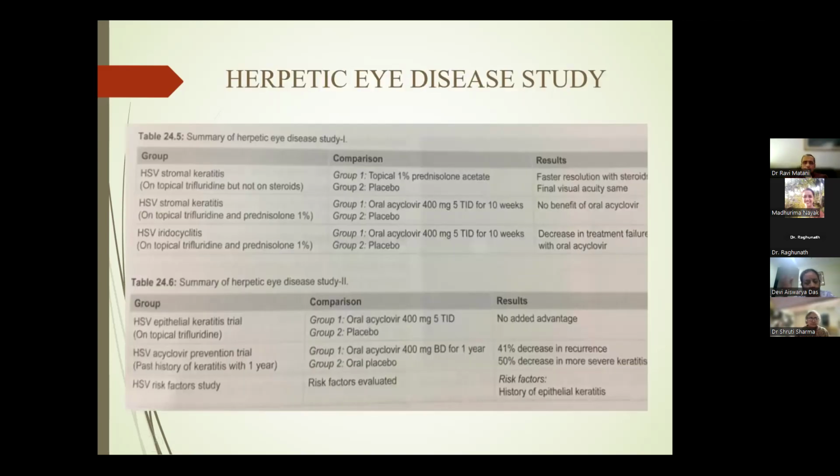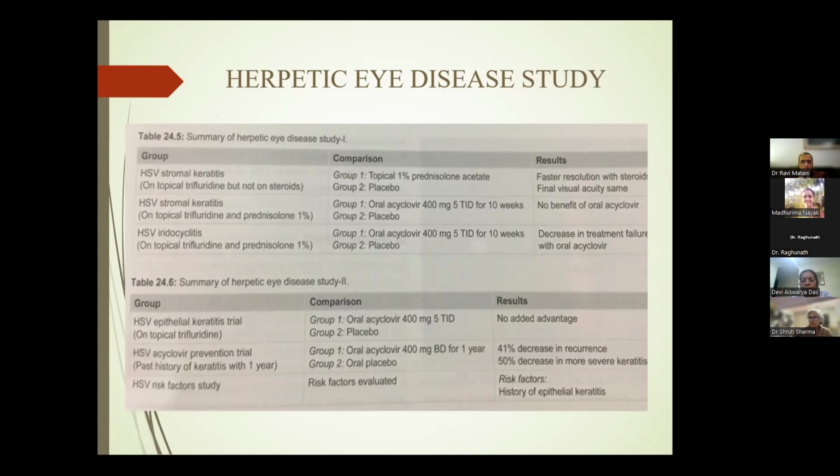This is the second thing, that they put the patient who was already on topical antivirals and steroids on oral acyclovir in a treatment dose, 400 mg, 5 times daily for 10 weeks. And they found no added benefit of oral acyclovir. So stromal keratitis, no added benefit of oral acyclovir.